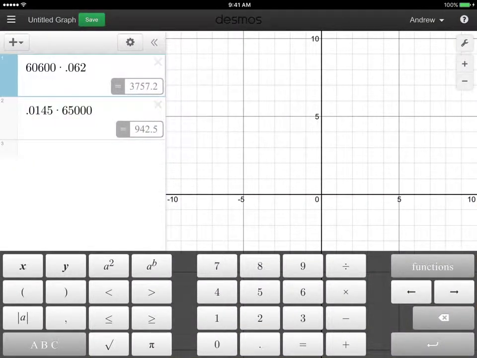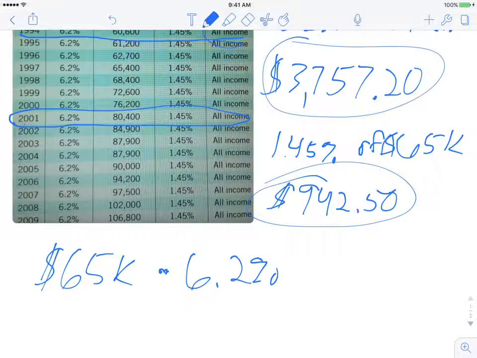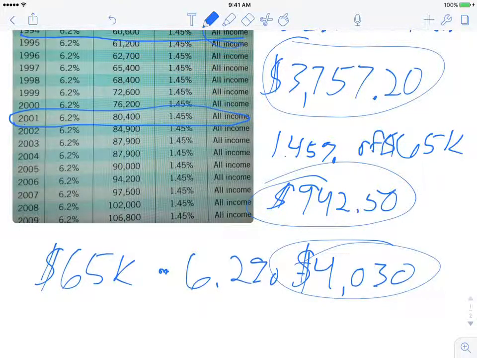So I'm just going to change this one. 65,000 times 6.2%, and that's going to be $4,030. That is how much they would spend in that case. And again, we do the same thing with the Medicare. Okay, so that's pretty much it.